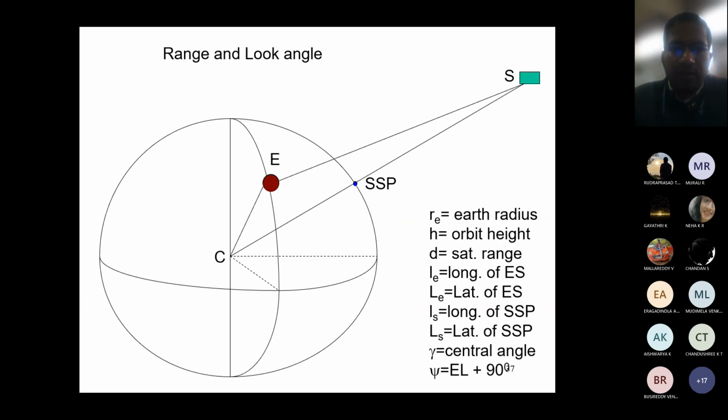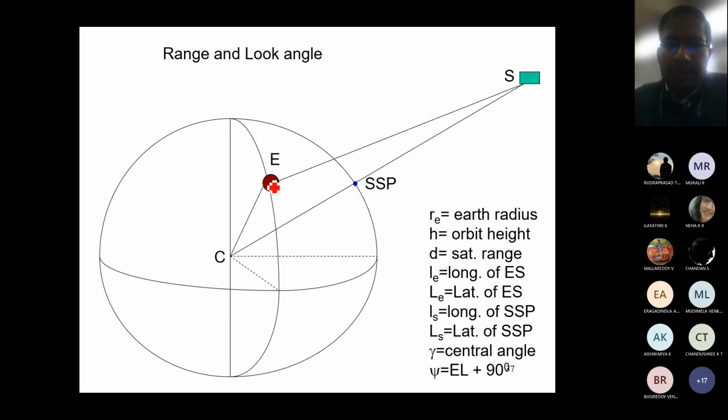Okay, let us take an example and see how we can calculate the range and look angle of the satellite. So see here, this circle represents your sphere, the Earth, and S represents the satellite.